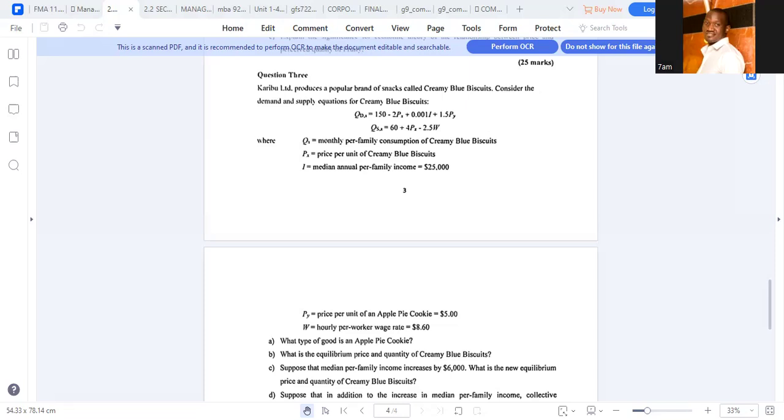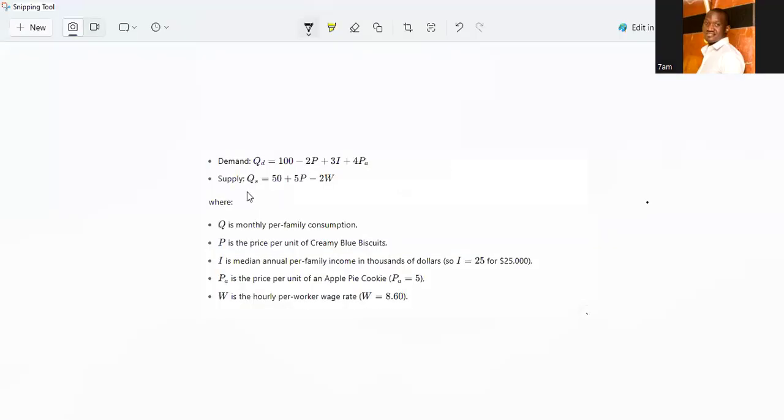Okay, we are done with the class. This will be a homework, but I just want to cruise through it. So demand is here and quantity supplied is there. So what type of a good is apple cookie?